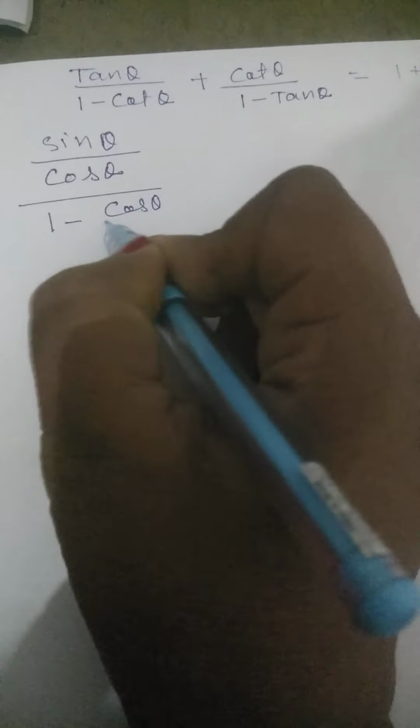Tan theta means sin theta upon cos theta. 1 minus cot theta, where cot means cos theta upon sin theta. 1 minus tan theta means 1 minus sin theta by cos theta.